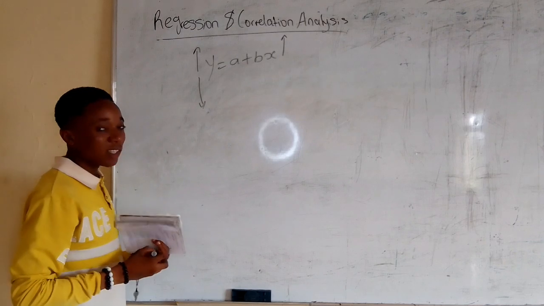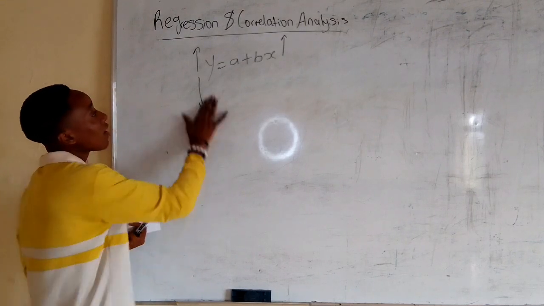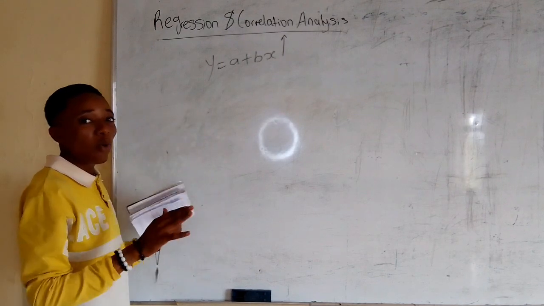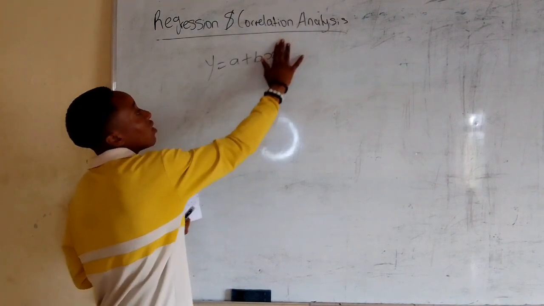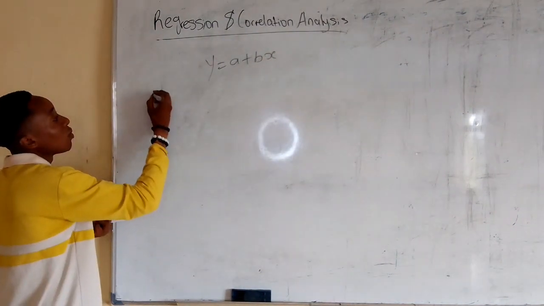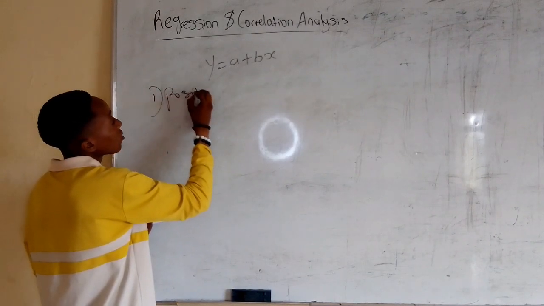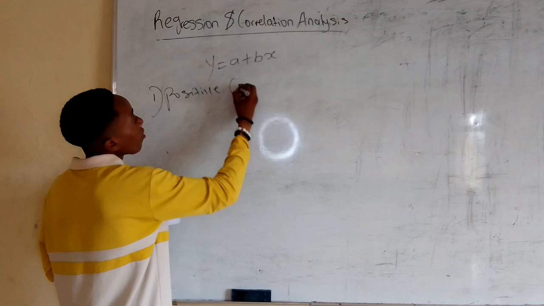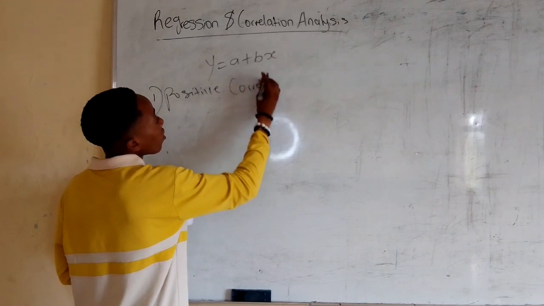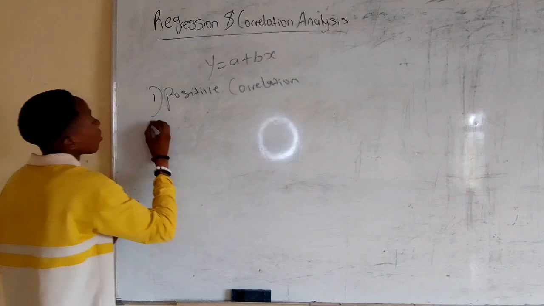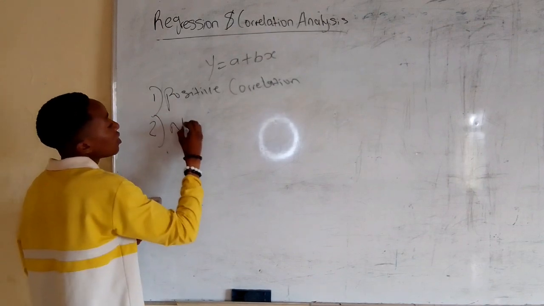So there are three types of correlation. We have the positive, the negative, and the no correlation. Number one, we have the positive correlation. Then the negative.